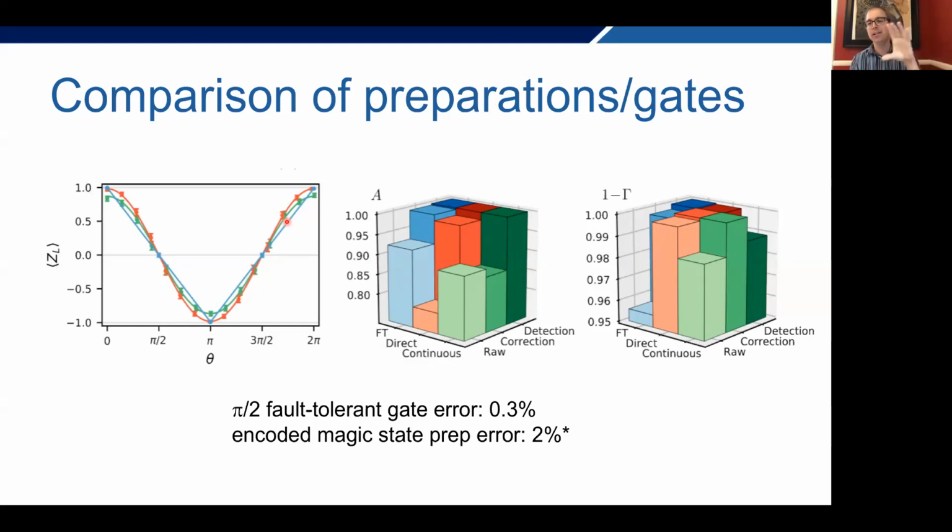There are these two entangling 2-qubit gates, which are less good, but they should both fail at about 1 or 2%. So if you don't do any error correction, as you can see in the raw case, it's below 80% based on measuring this parity. But if we're able to do correction, then it's clear that most of those errors are correctable single qubit errors. And that's where we get the 2%.